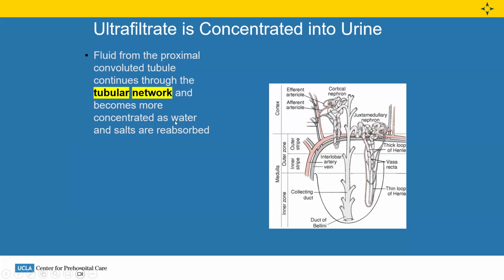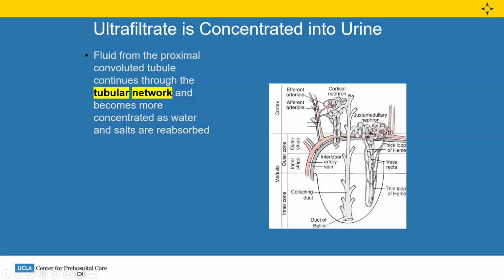It's going to become more concentrated as we pull water back into our bloodstream. And we absorb more salts, aka the electrolytes that we want. We absorb the nutrients that we want, and we leave in the waste that we want to urinate out. And so where does that water go that we've reabsorbed? Well, remember that peritubular capillary system surrounding our tubules.